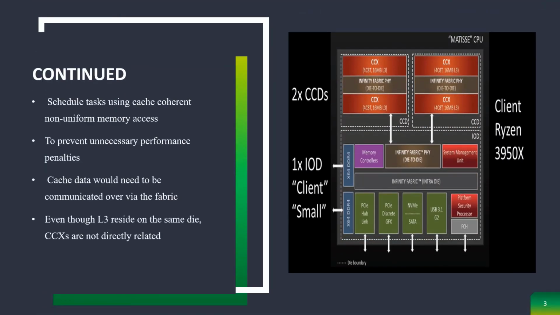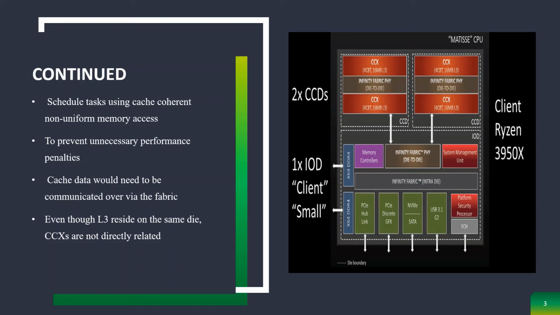Then the operating system has to treat every CPU complex as a processor of its own, such as scheduling tasks using cache-coherent non-uniform memory access scheduling. This is crucial to prevent unnecessary performance penalties and to ensure that threads are not moved from one CCX to the other.